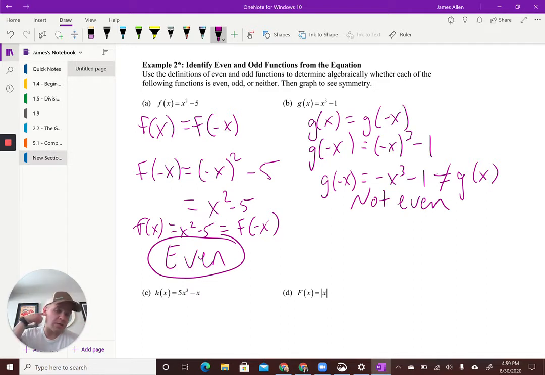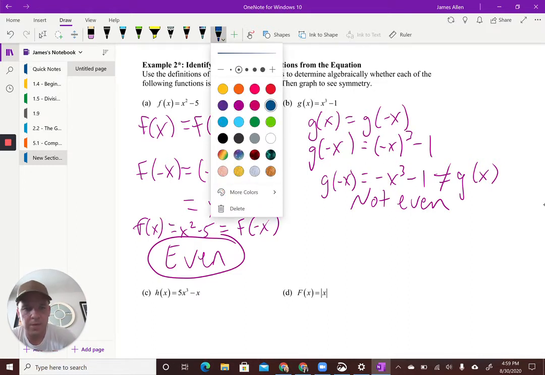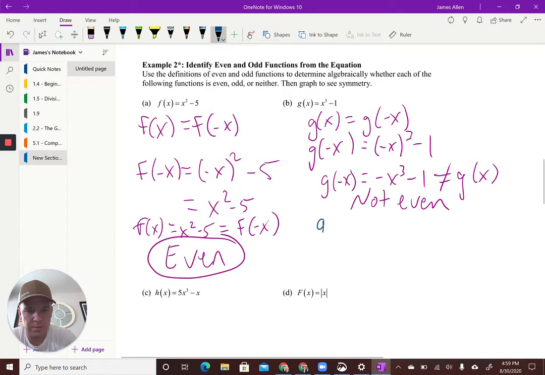But we can still test to see if it's odd. So let's do that. I'll switch colors for the second test here. I want to see, does g of negative x equal negative g of x? That's our question. Well, let's see what negative g of x is.